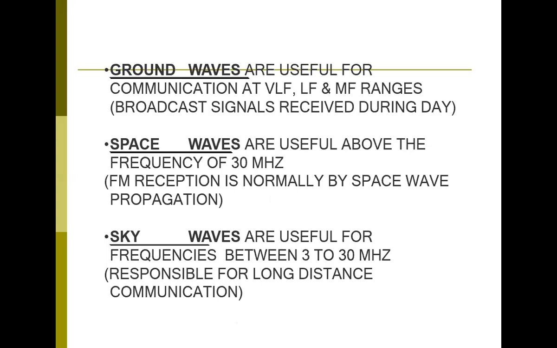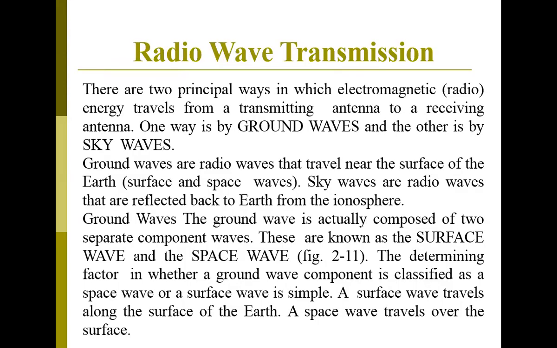Ground waves are useful in the very low frequency and medium frequency range, as I have told you. Space waves are useful up to 30 megahertz. You can check the chart I have shared; I will share this PPT after the lecture. Skywaves are for 3 to 30 megahertz, for long distance transmission.